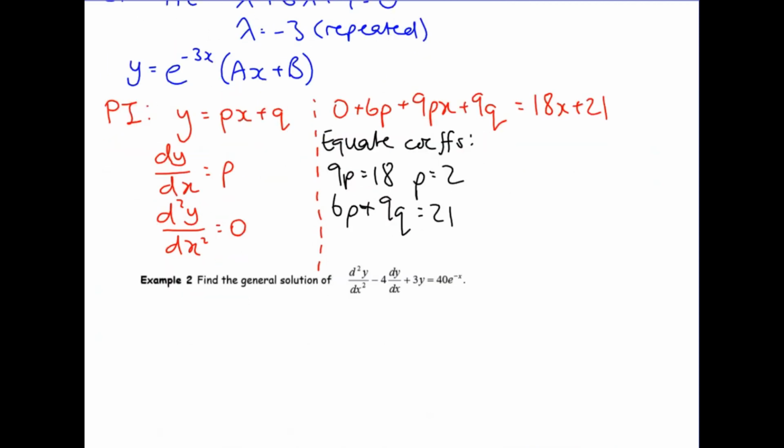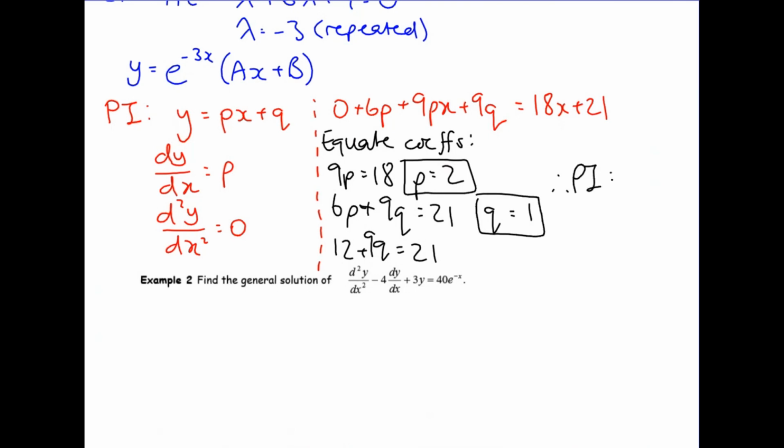If p is 2, that's 12, so you get 12 plus 9q equals 21. Take the 12 across and divide by 9 to get q. So our particular integral is y equals 2x.